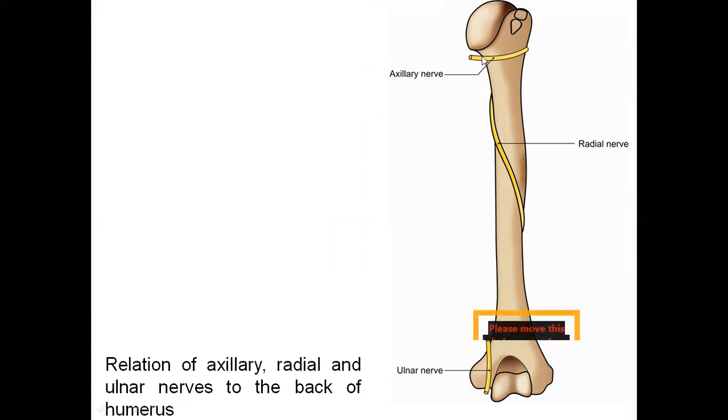From the brachial plexus, we have three important nerves closely related to the humerus bone. The one related to the surgical neck of the humerus is the axillary nerve, the nerve closely related to the spiral groove or radial groove is the radial nerve, and the one related to the posterior aspect of the medial epicondyle is the ulnar nerve.